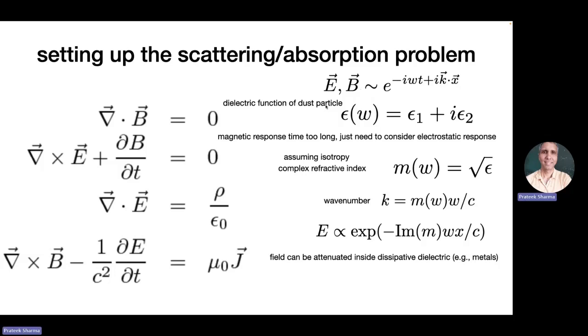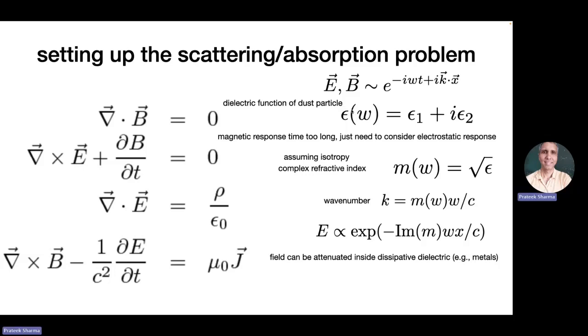And in general, for a dust particle or any dielectric material, you quantify its response. If you have an electric field to which a material is exposed, it can get polarized, right? The charges can move around and shield the externally applied field and so on. That's the definition of a dielectric.